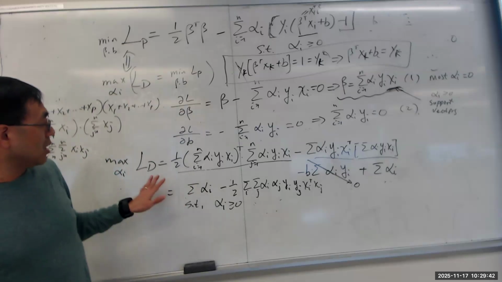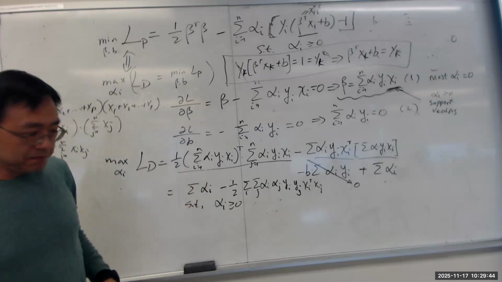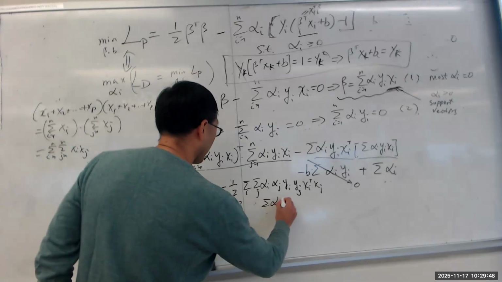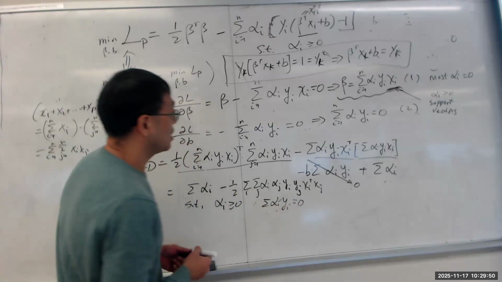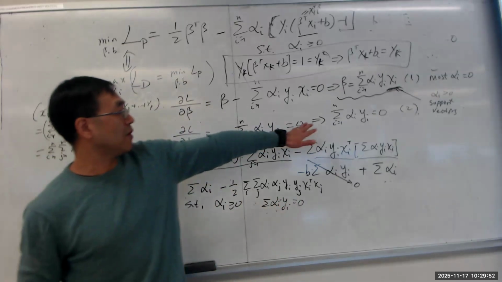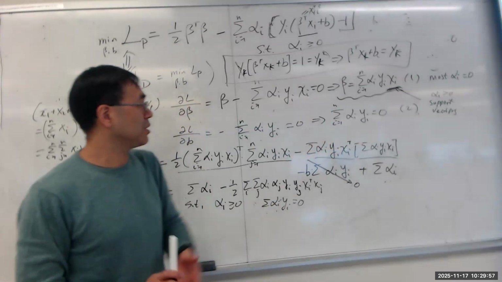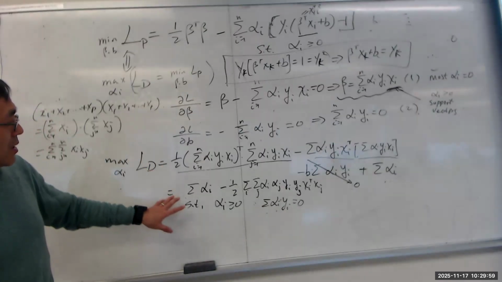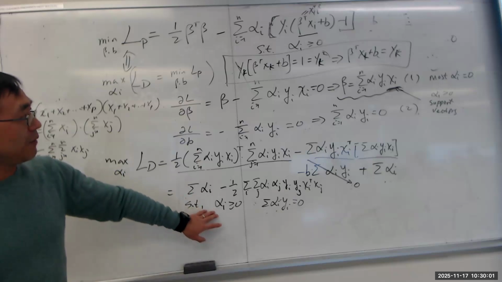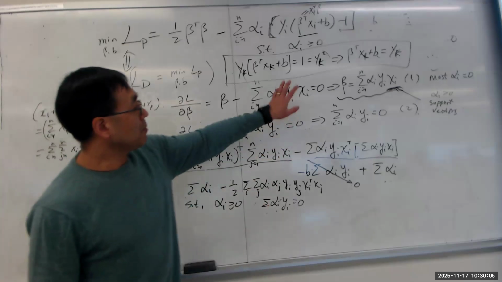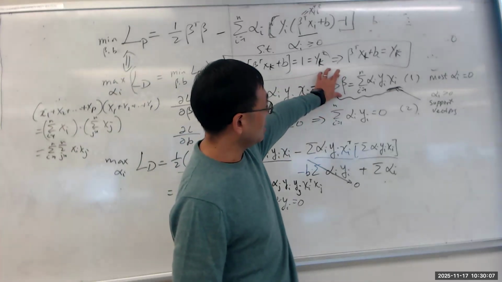It is subject to the constraint that the summation of alpha i yi equals 0, right? Because the summation of alpha i yi equal to 0 comes from the constraint from the second equation we derived. Now, once you solve this, we have alpha. So once you have alpha, you can plug back into this formula for beta.